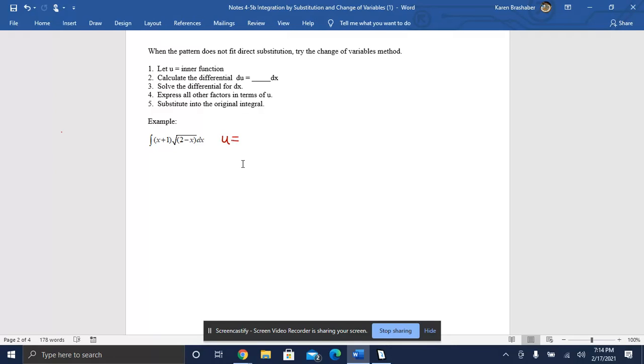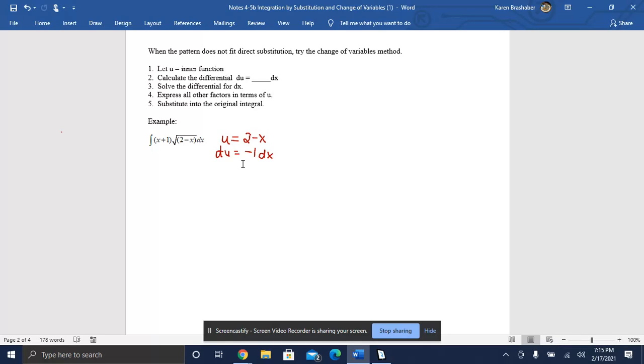So u could equal, and we'll start with the expression under the radical sign, so 2 minus x. And as we do that, then our derivative, du, would equal -1 dx. All right, well, as you can see, even when arranging it, I have an x plus 1, and that is not in any way equal to -1 dx.